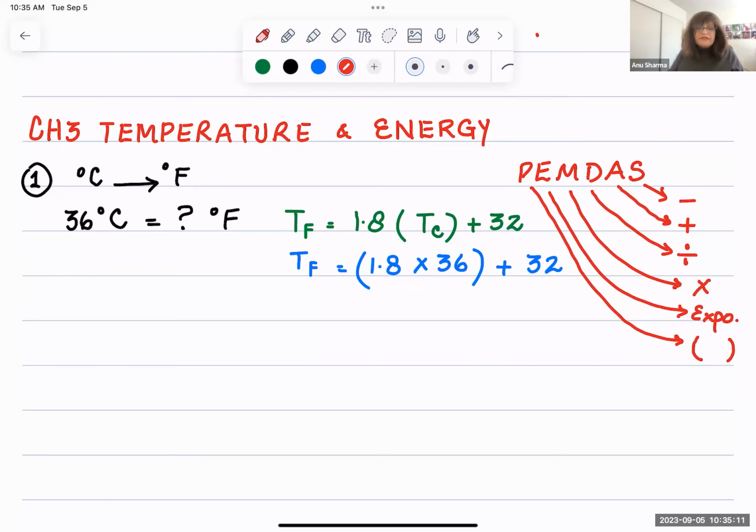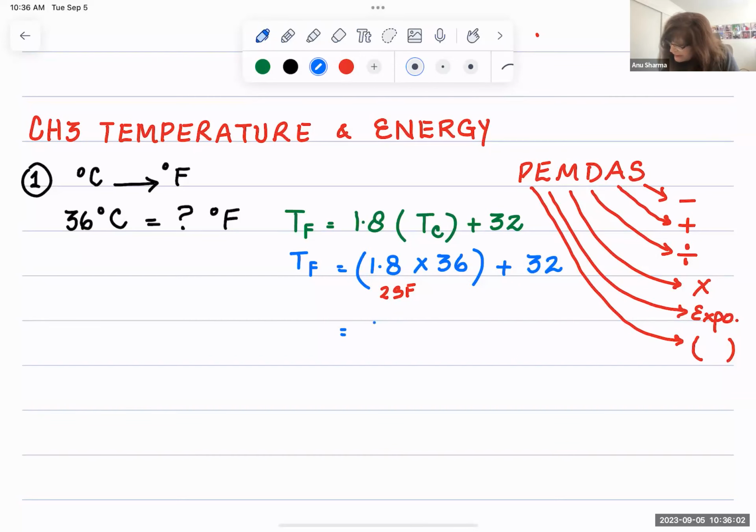So 1.8 times 36. Here you get 64.8. Now, before we go further, here you see two significant figures.